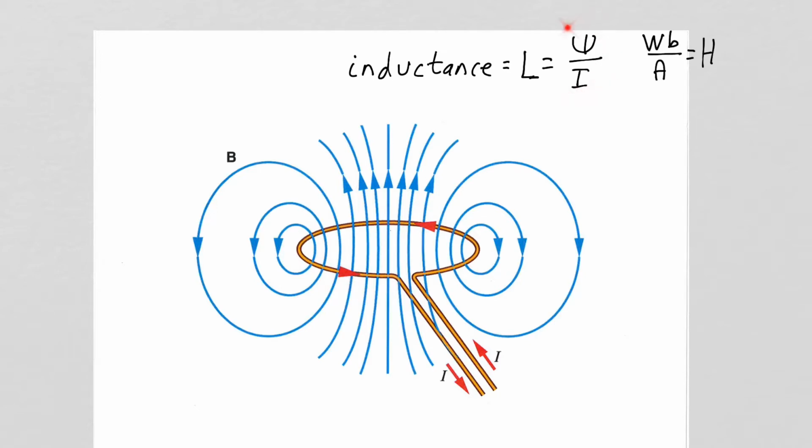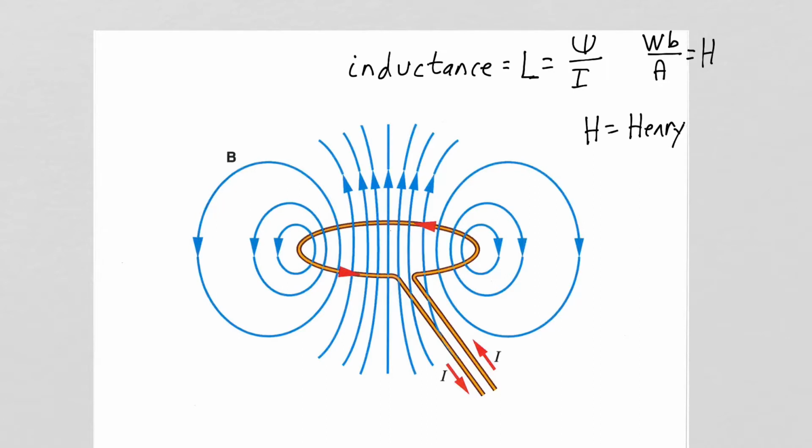So the units of inductance will be Webers over amps, and this unit is also referred to as a Henry, which is named after Joseph Henry, who we will encounter when we discuss Faraday's law and electromagnetic induction.